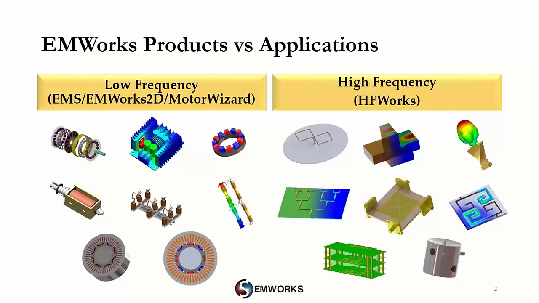Within the low-frequency category, we offer 3 products: EMS 3D, EMWorks 2D, and MotorWizard. These products can be used to design and simulate applications like cables, insulators, bus bars, solenoids, magnet arrays, eddy current braking, wireless charging, transformers, electrical machines, etc.